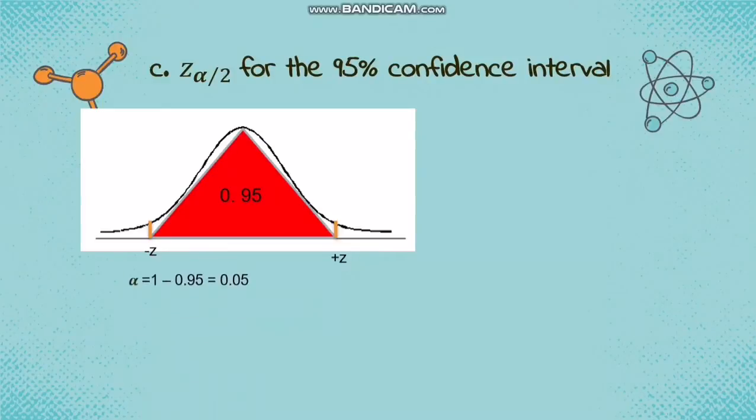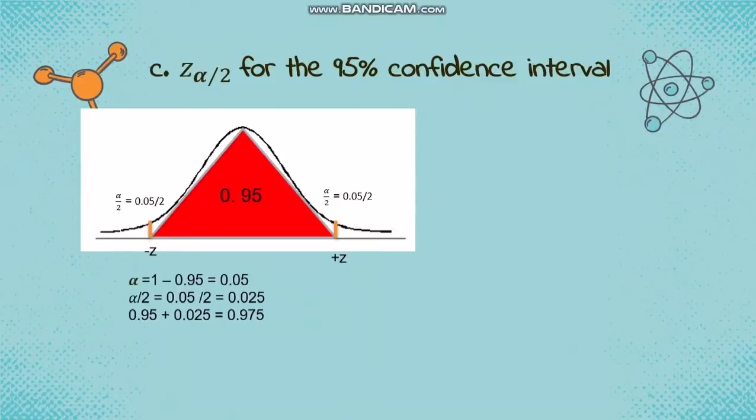Let's find first the alpha, which represents the total area in both tails of the standard normal distribution curve. So alpha is equal to 1 minus 0.95, which is equal to 0.05. Then let's find alpha over 2, which represents the area in each of the tails. So alpha over 2 is equal to 0.05 over 2, which is equal to 0.025.